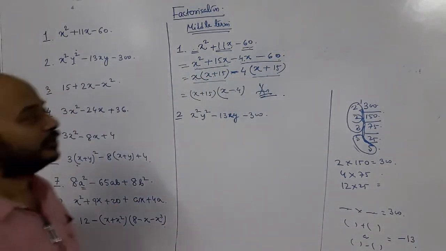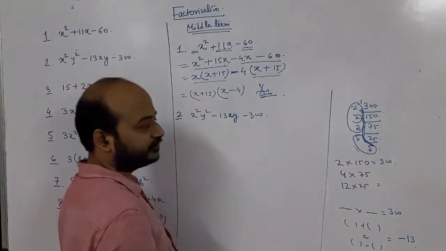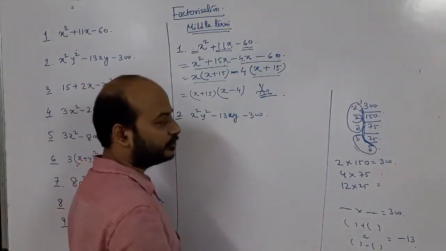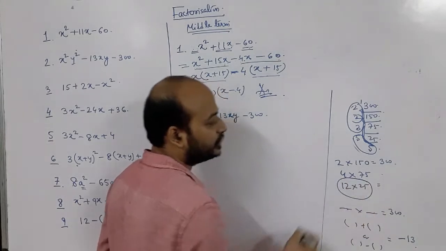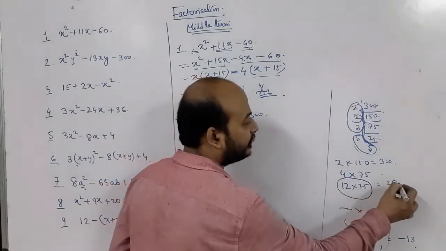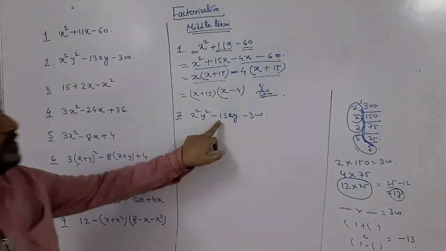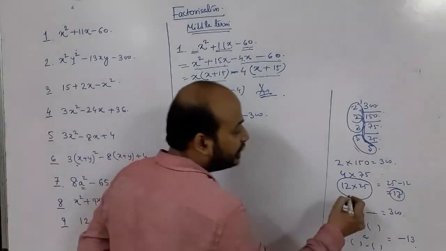So therefore, you can understand 2 into 150 is not a suitable combination for this. 75 into 4 is also not suitable. So you can find the combinations and see, you got this combination, because 25 minus 12 gives you 13. But you require minus 13. So how do you get minus 13?